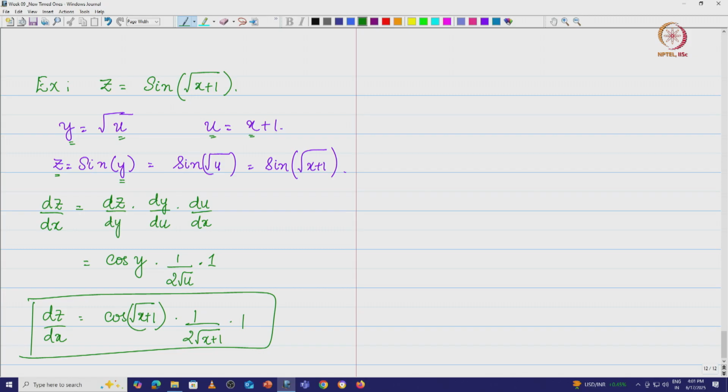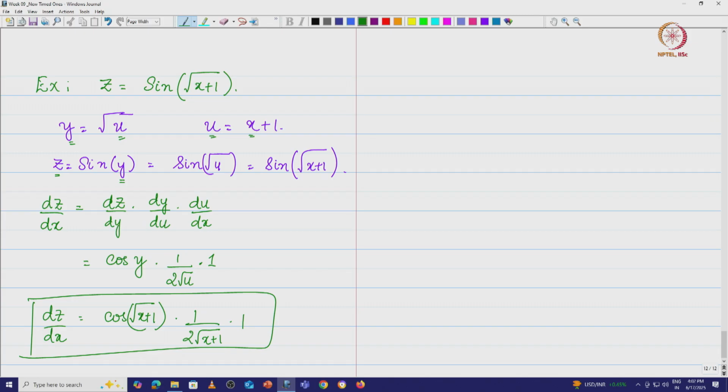Where do we see this? As I said, when Dr. Ashok Rao deals with the back propagation algorithm, you would see the use of the chain rule and so on. So, this is a very, very important topic as far as the derivation or the derivatives and the rules of derivatives are concerned.